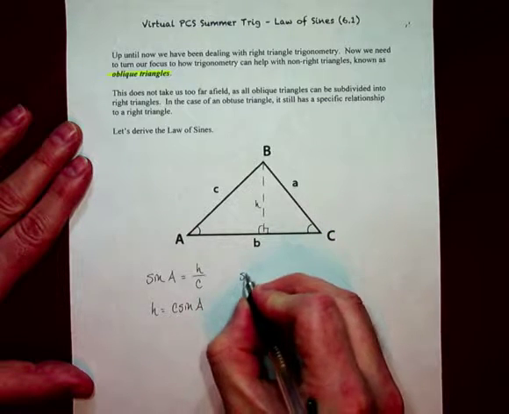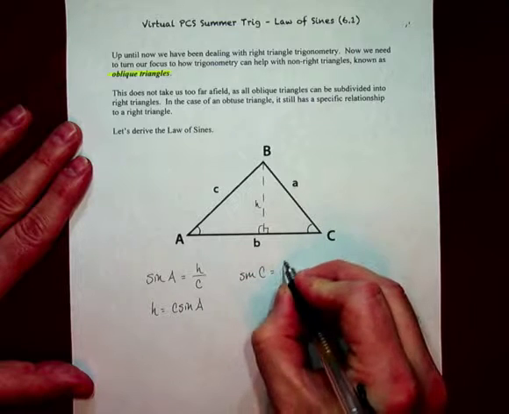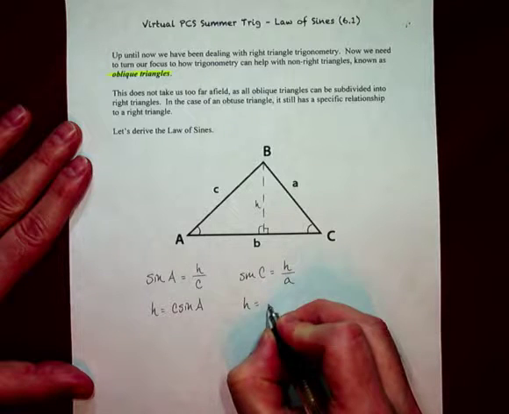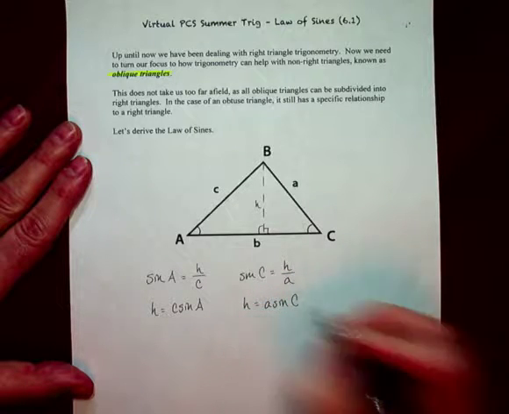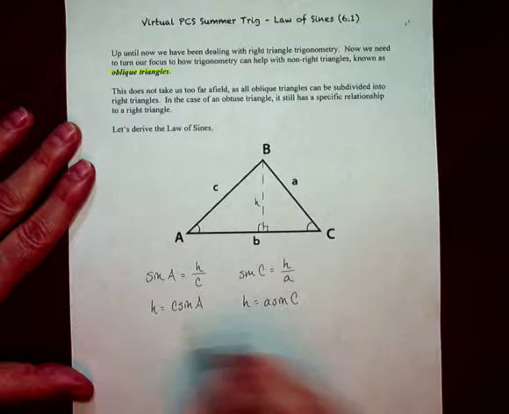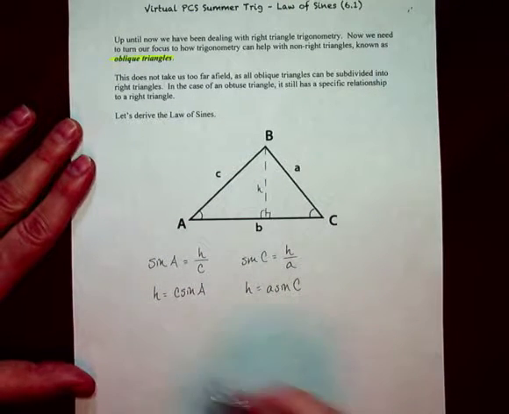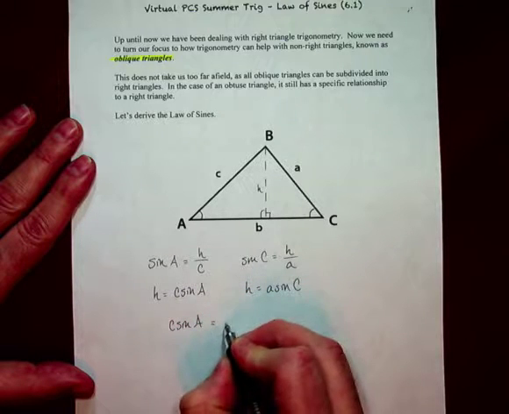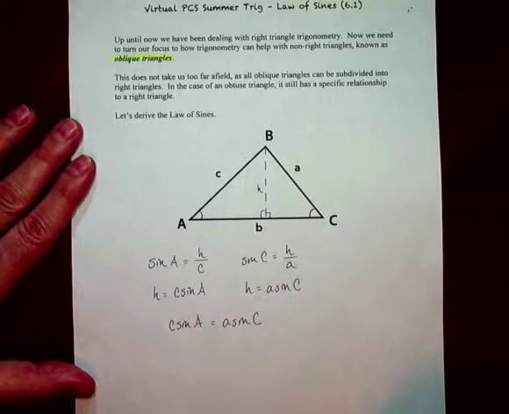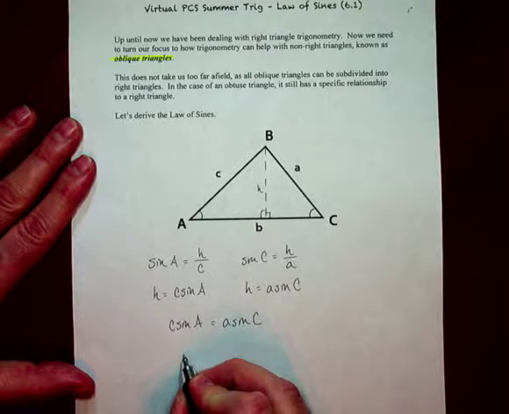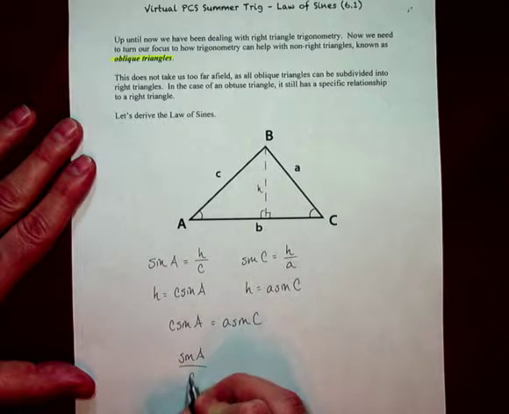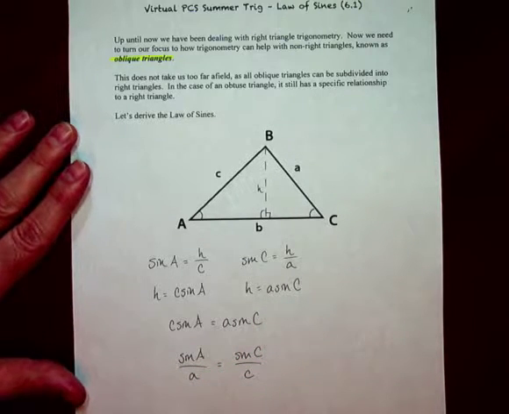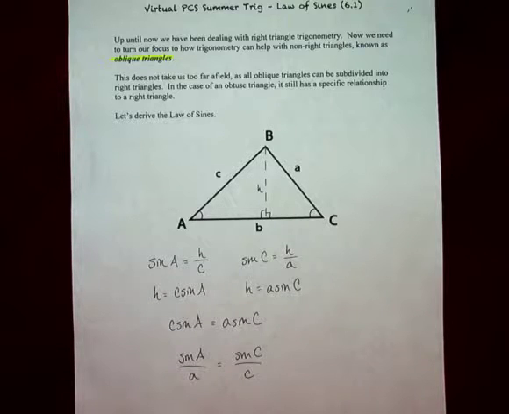If sine of C is equal to h over A, then h is equal to A sine of C. Well, if those are both equal to h, then they're equal to each other. And what does that look like but the step after having cross multiplied? So we can turn that into sine A over A is equal to sine C over C.